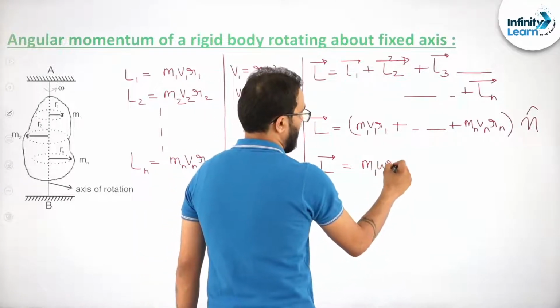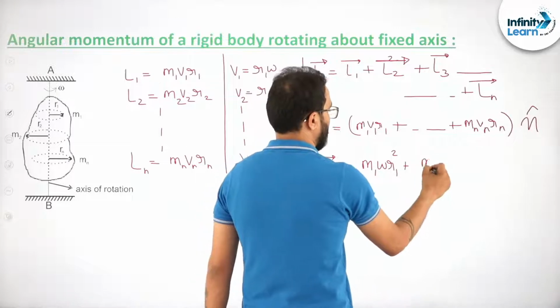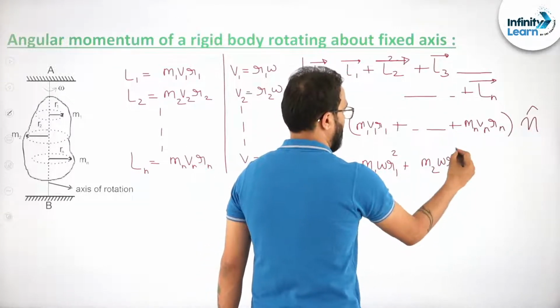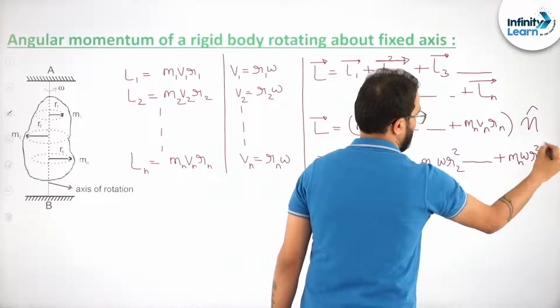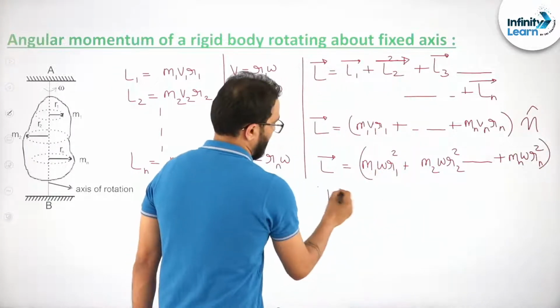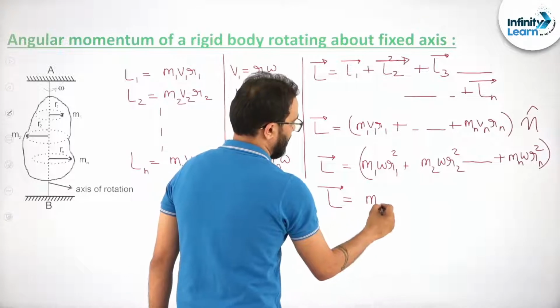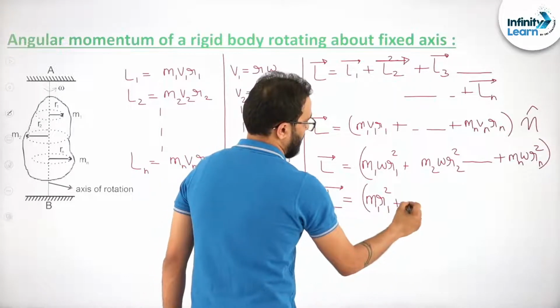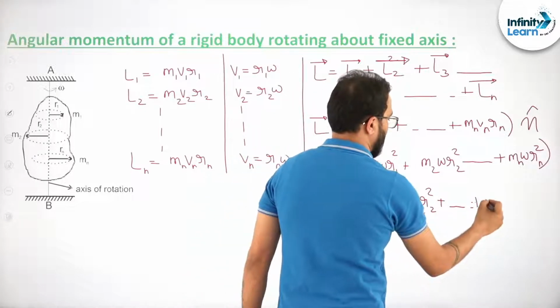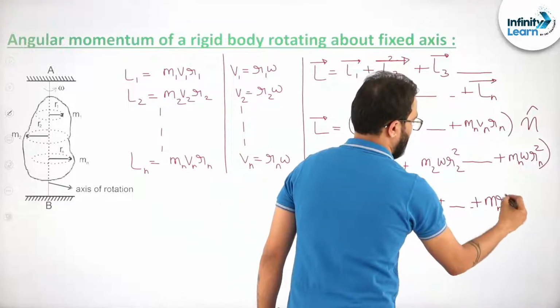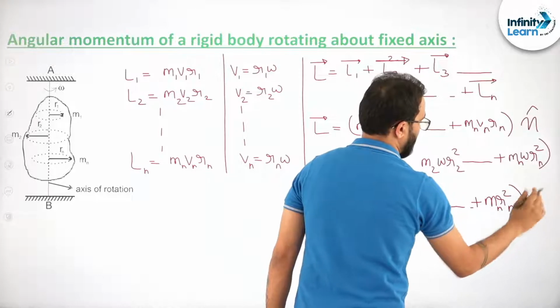m1 omega r1 square plus m2 omega r2 square up till mn omega rn square. Got it? So finally we will say vector L will be m1 r1 square plus m2 r2 square up till mn rn square times omega.